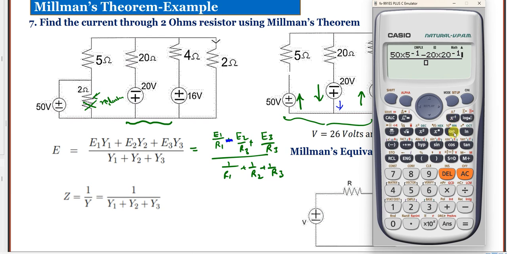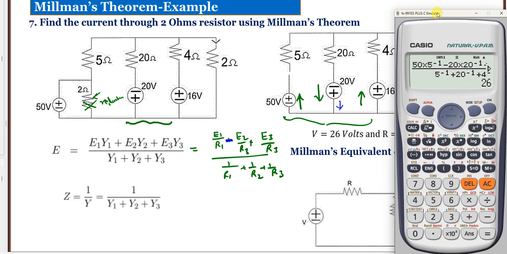Now for this, plus 16 into 4 inverse, divided by 5 inverse plus 20 inverse plus 4 inverse, that is 1 by R1, 1 by R2 and 1 by R3. We are getting 26, the correct answer.